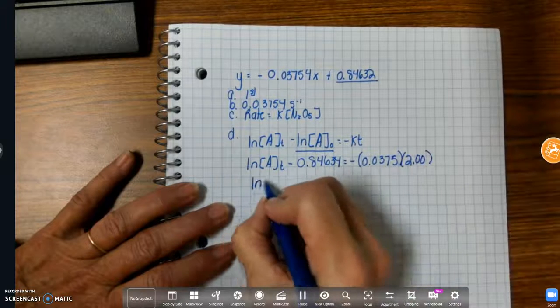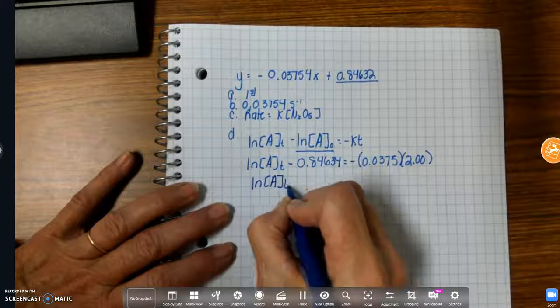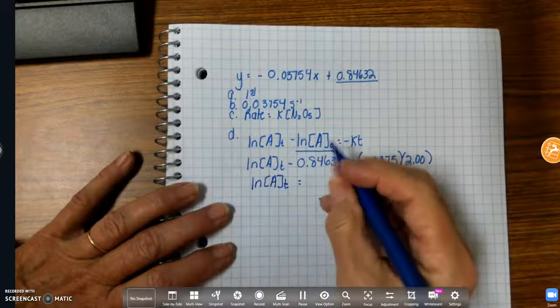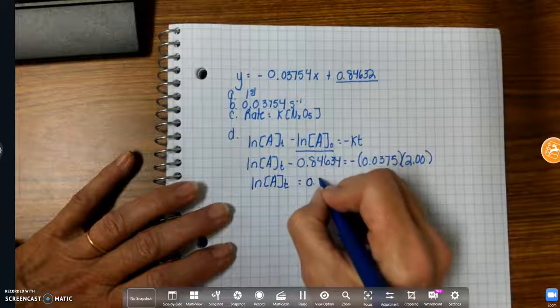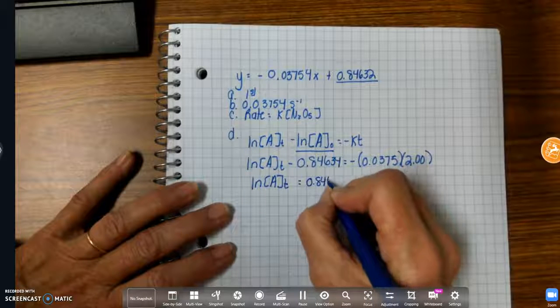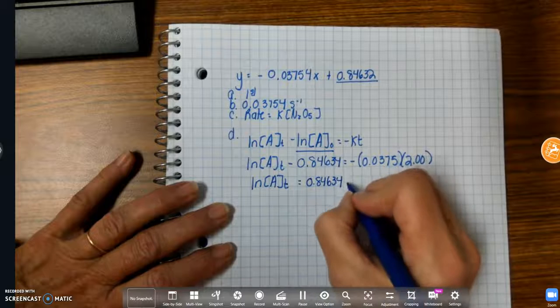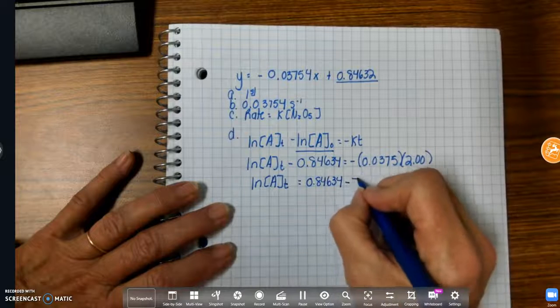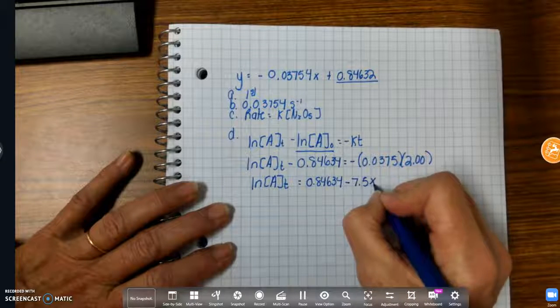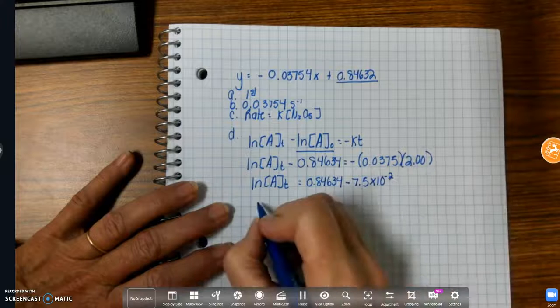I go ahead and rearrange everything, and I get 0.84634 minus 7.5 times 10 to the minus 2.